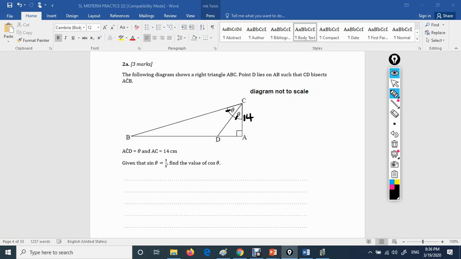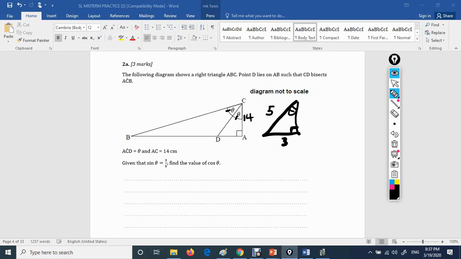Okay, I think the easiest way to find this is using the proportions, the trigonometric ratios. So let's redraw this triangle here. It's a right triangle, and this angle is theta. Okay, so they're telling us that sine of theta is 3 over 5. Sine is opposite over hypotenuse, so 3, and the hypotenuse is 5.